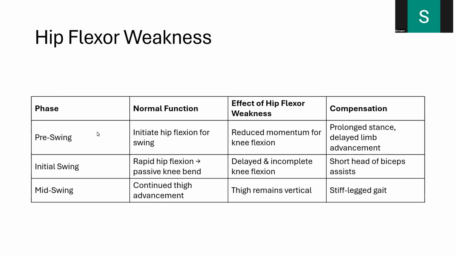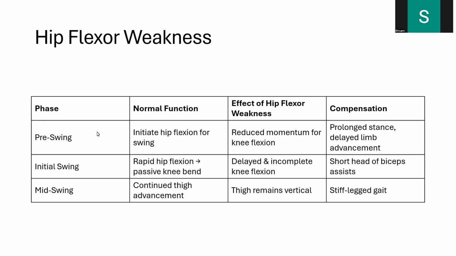In clinical patterns, for example, slow walkers: slow gait reduces the natural momentum of the gait, because of which they require more hip flexor effort to initiate this knee flexion. Without it, knee flexion becomes inadequate. With weak iliopsoas or rectus femoris, the thigh remains vertical rather than advancing forward.